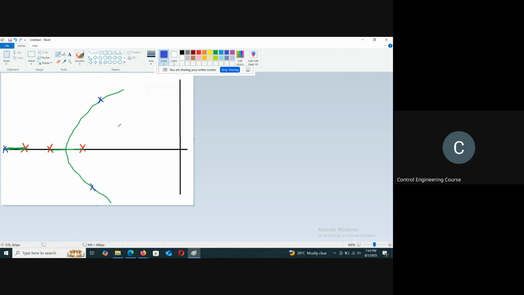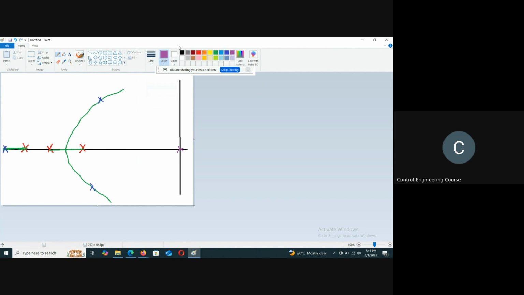Now, the thing is, this part doesn't satisfy the steady state requirement. So a naive solution would be to put an integrator, so that steady state error becomes perfectly zero, correct? But putting an integrator will change the nature of the root locus plot completely.